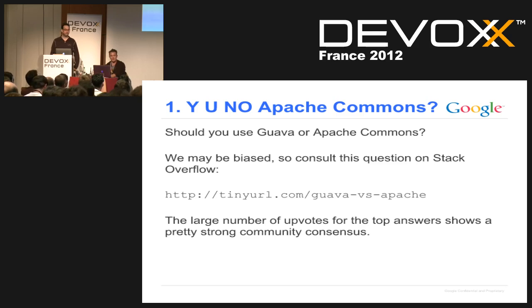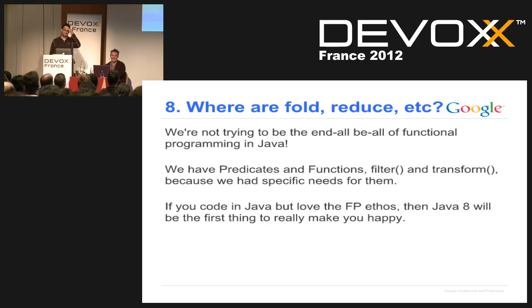Next question in the red. Have you considered folds and flat maps and all that functional stuff? Why don't we have flat map, fold and reduce and so forth? All right, yes, I have a slide for that. Where are fold and reduce and so forth?